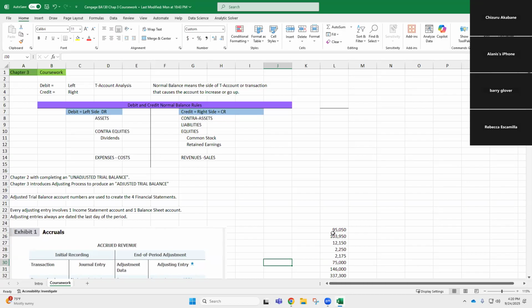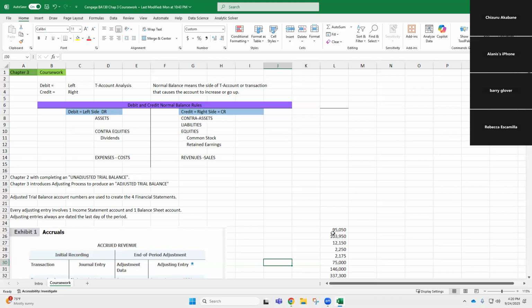Adjusting entries is the main focus of month end, year end, different entries that we need to see if we need to make them to bring our accounts up to date with the right numbers as best we can so that we can produce financial statements that are meaningful and useful and have correct information, and not just correct, but updated.